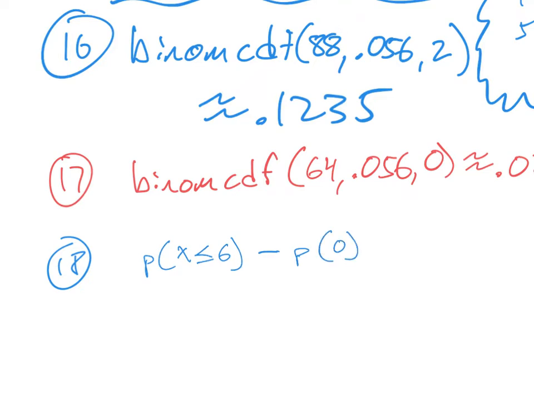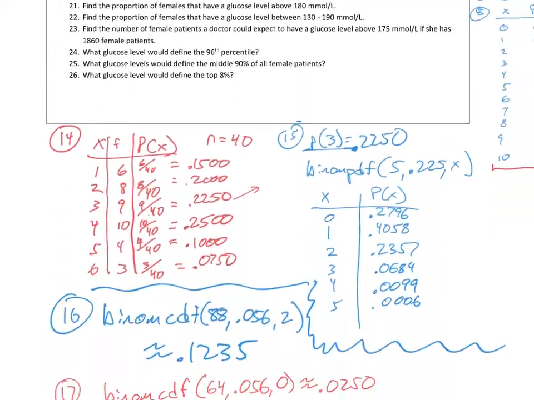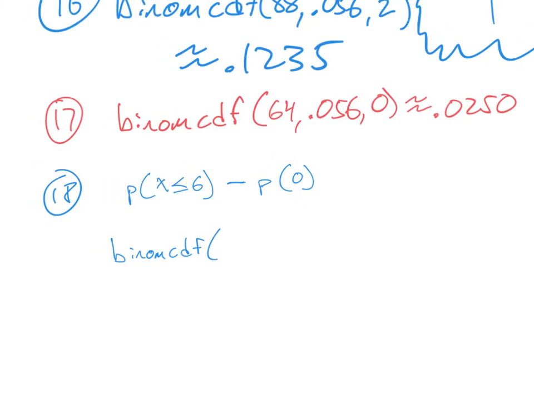So that's binomial CDF of 76 spots, 0.056 is the probability, and that's for 6 and down. And we're going to subtract off this number that we already found here, 0.0250.